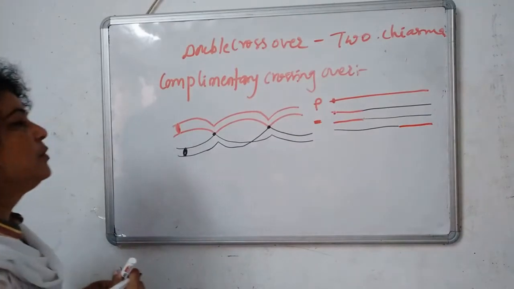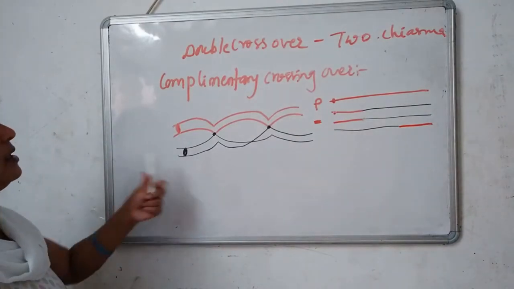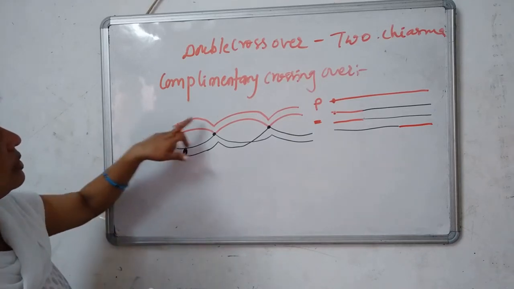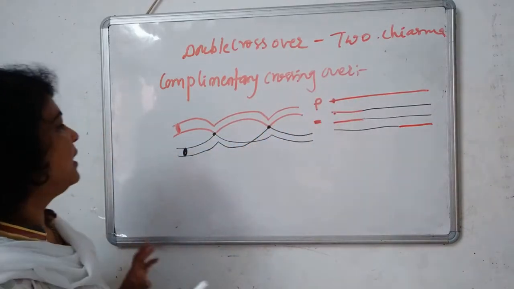In this way, these four combinants are produced. This one is completely parental.